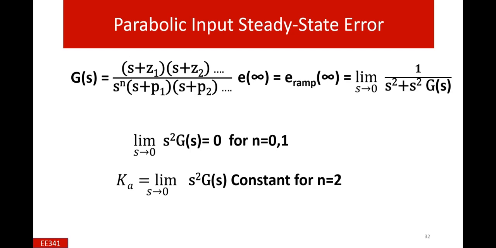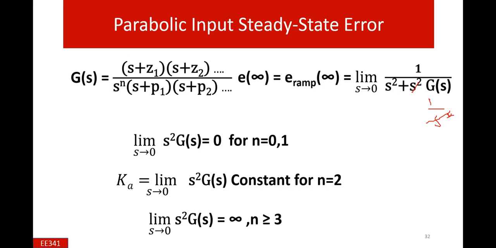For n equal to 2, this s squared is cancelled out with 1 over s squared, and simply we have some constant value. In this case, the constant has a very different name, and if we increase the power of n, then the constant value will change and the steady state error will be 0.